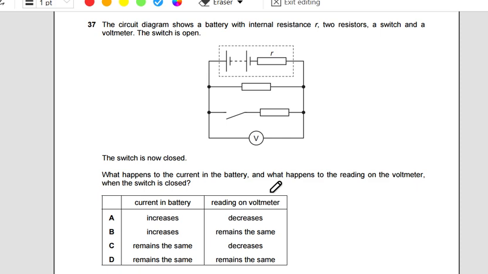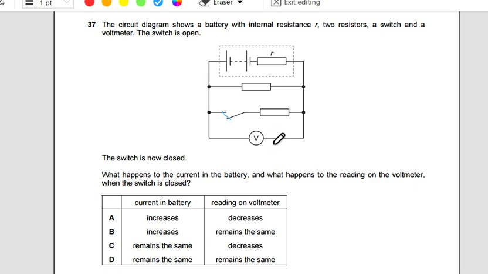So as we close the switch, we add a resistor, and this connection is in parallel. So we have a decrease in total resistance, and this means an increase in current. So the current in the battery increases with respect to the reading on the voltmeter.